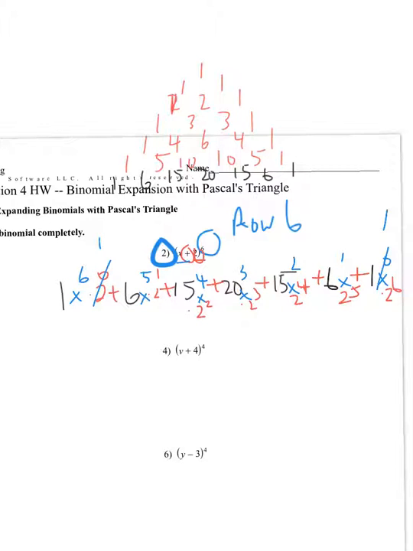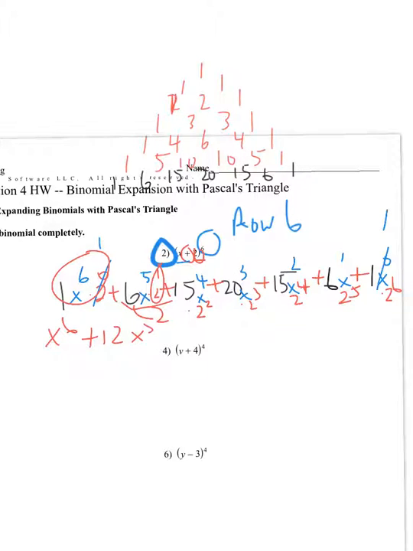Now we just got to simplify each term. So this first one, I've got 1 times x to the 6th times 1, which is going to be x to the 6th. That's right here. Now in here I've got 2 to the 1st, which is 2. I got to multiply that times my 6 from Pascal's triangle, which is 12.